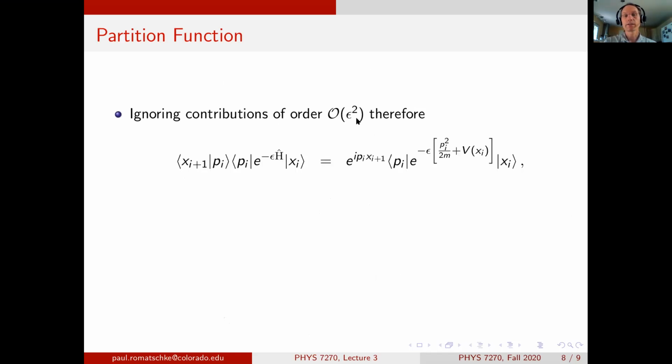So ignoring these terms that drop as order epsilon squared, we find that this matrix element in our expression for the partition function is simply given as the exponent e to the i p_i x_{i+1} times another one of these matrix elements, where we pull out the factor and get another exponent from just the x_i p_i matrix element.